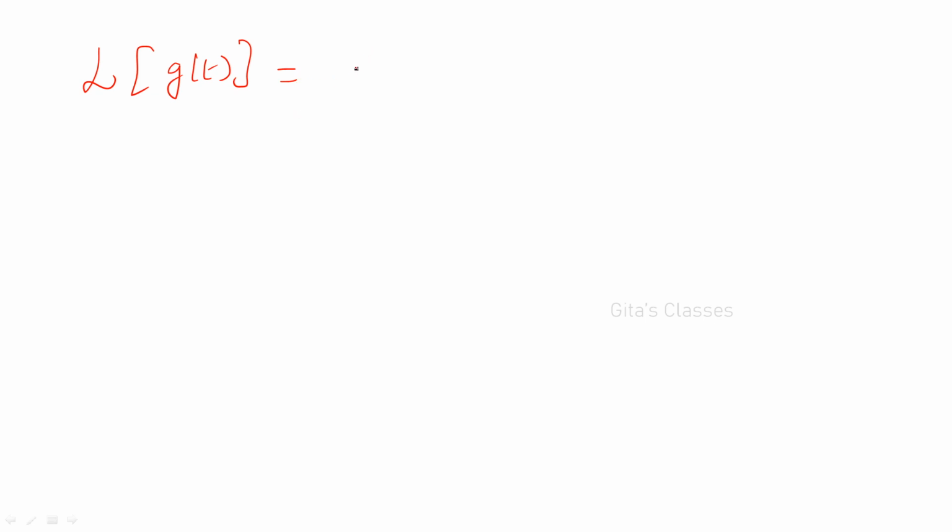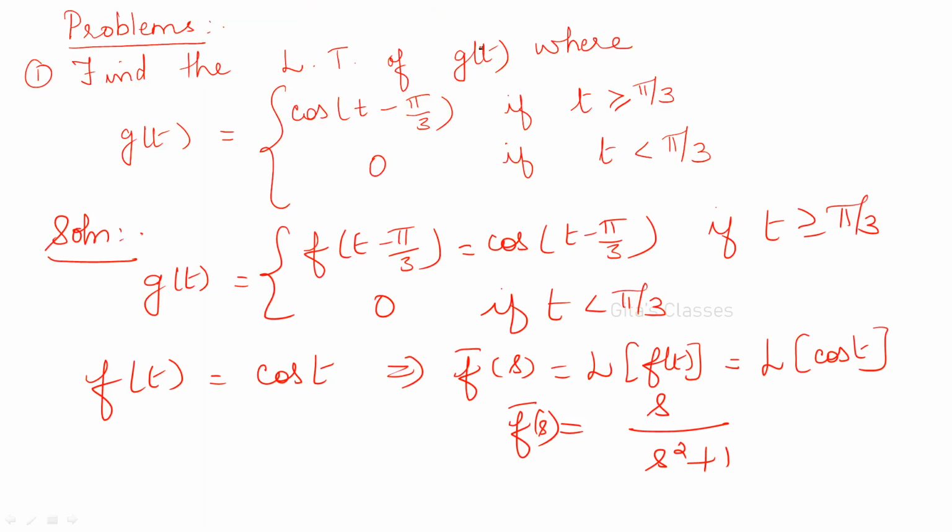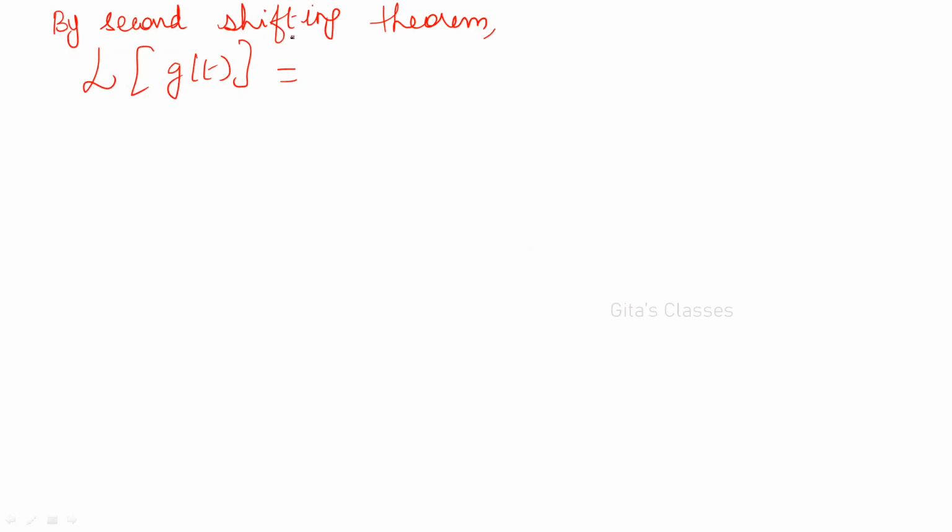e power minus as, by using second shifting theorem. You can write by second shifting theorem, actually this can be written as f of t minus pi by 3 into u of t minus pi by 3. That is our function, right? So L of g of t is equal to e power minus as into f bar of s.